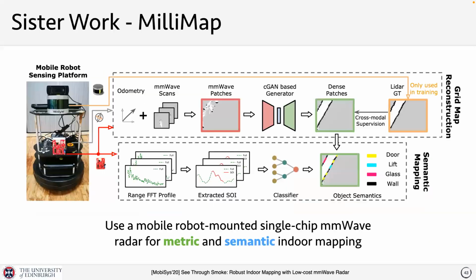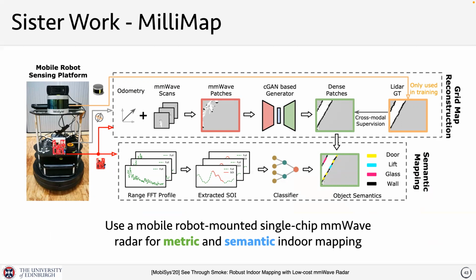And this is the motivation for our next work, called mmMap, which is a sister work of the mmEgo we just saw. Considering that radar can provide ranging information and see through smoke, it's not surprising for us to think of mounting it on a robot and driving into such situations to quickly map the environment.